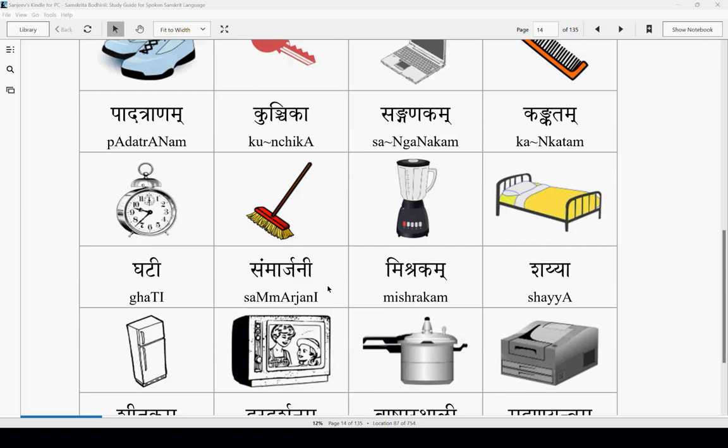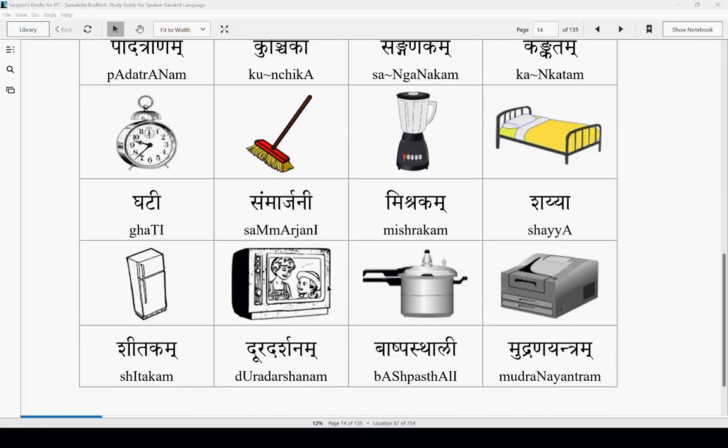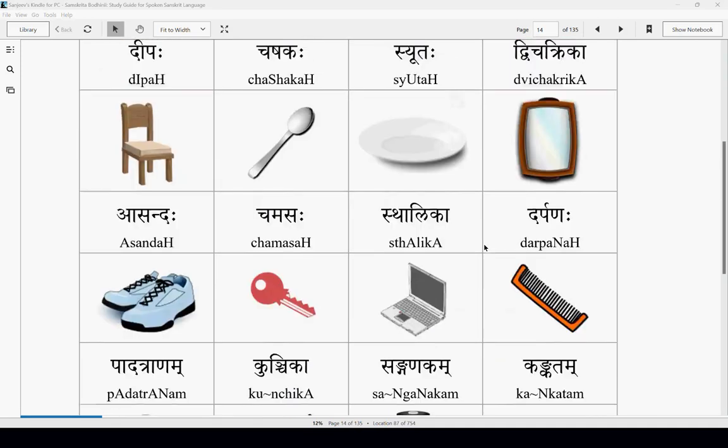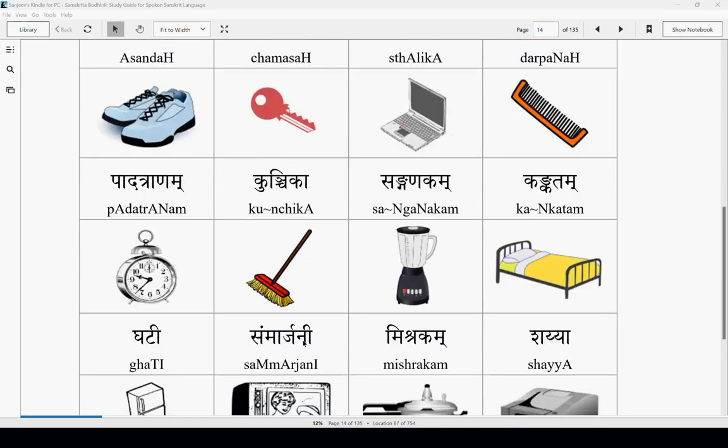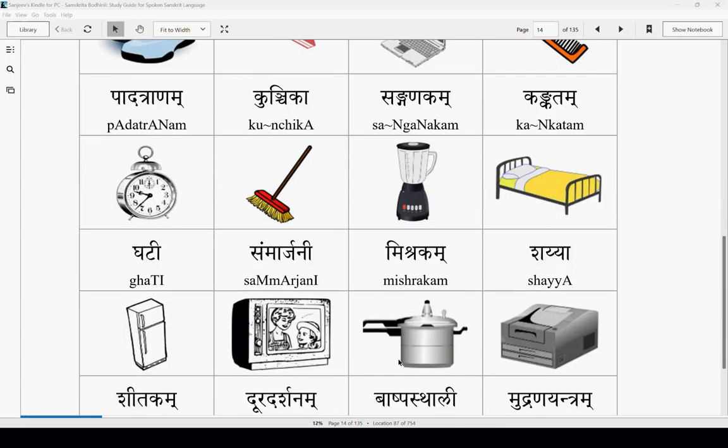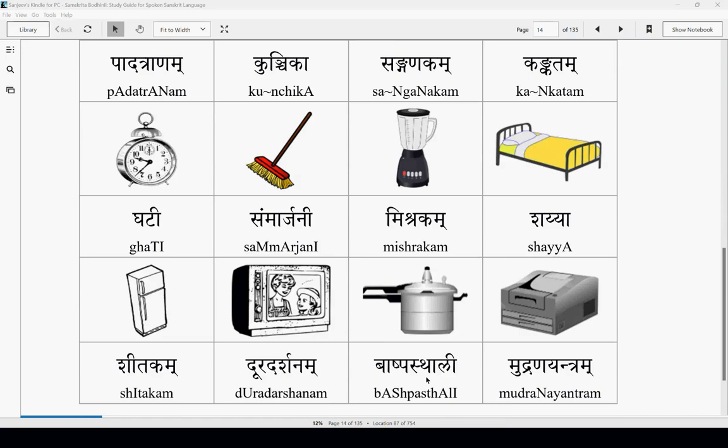The feminine gender. Then we have Bhashpasthali, Strilinga. Gati, Sammarjani, Bhashpasthali. So these are also Strilingam along with Shayya. So the words ending in A or long E are usually in Strilinga gender.